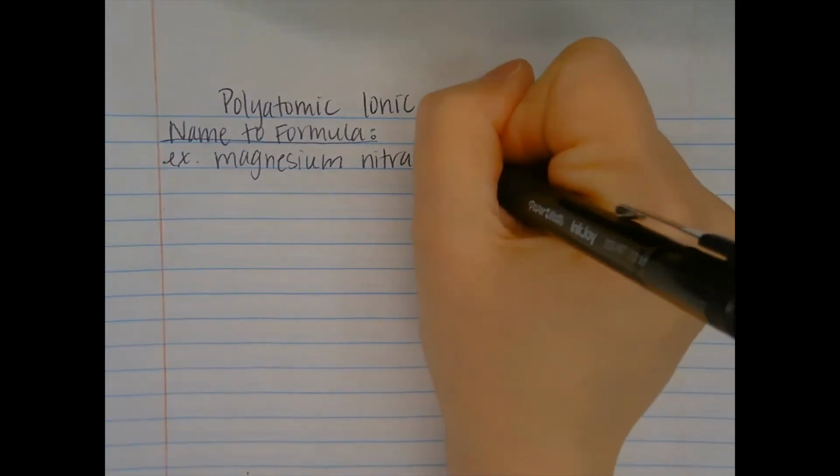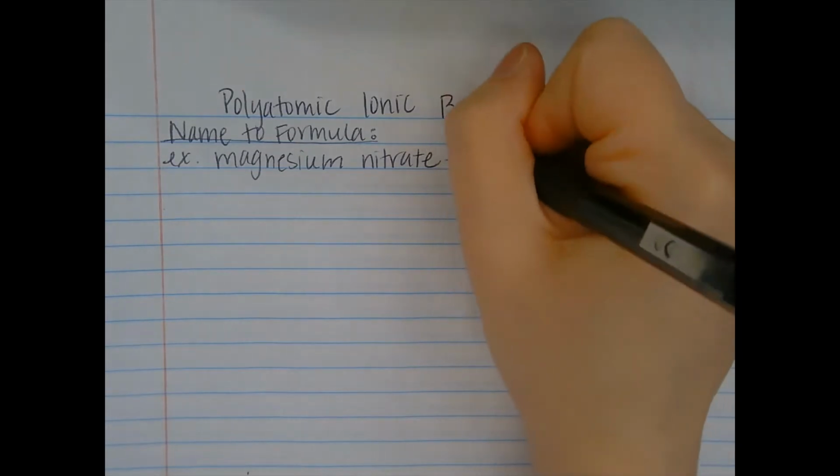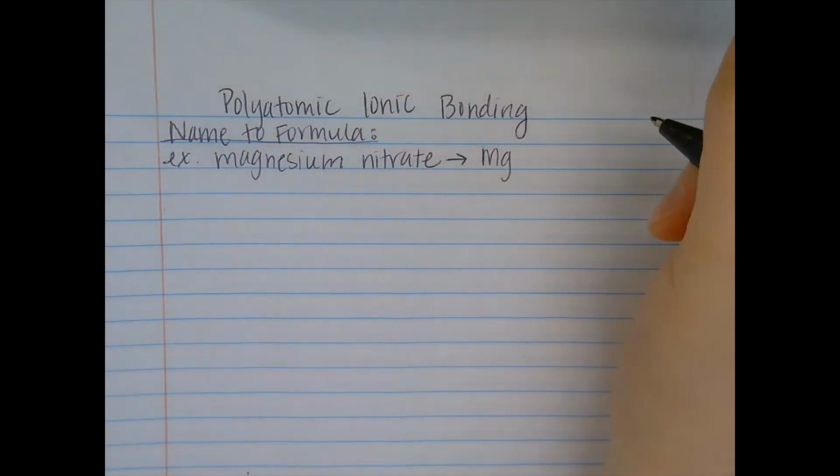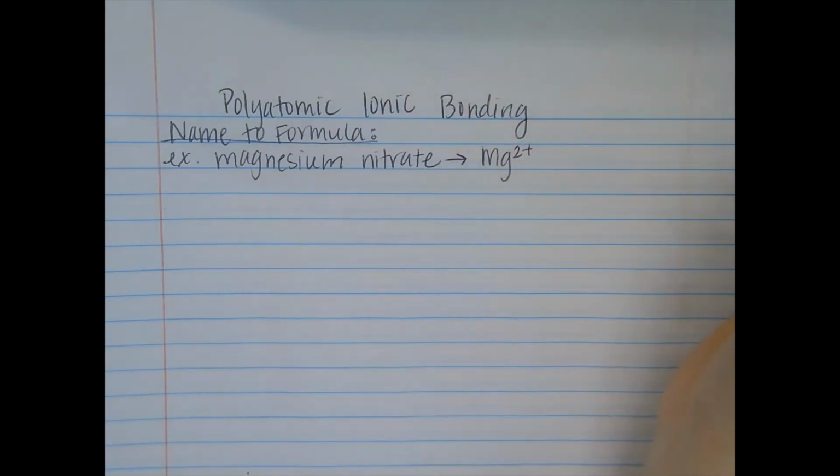Okay, so tell me what sounds familiar. The magnesium, right? So Mg, that's the same that we've used before. Magnesium is a main group metal, so it's in group 2A. So it will always form a 2+ charge. That's our cation. The new part is the nitrate.